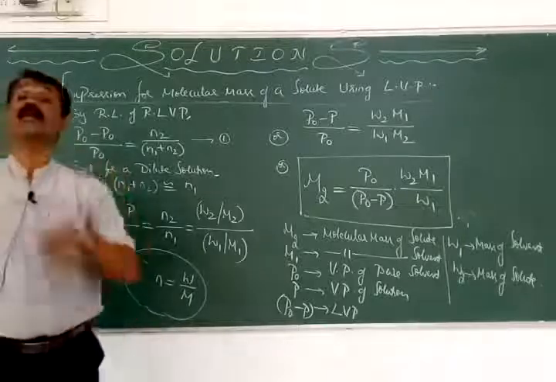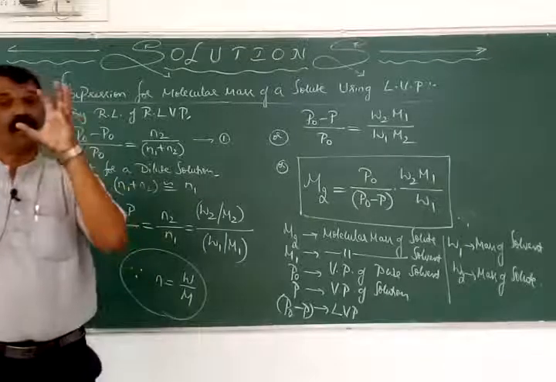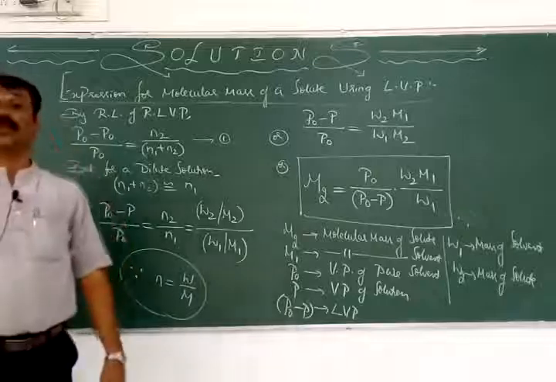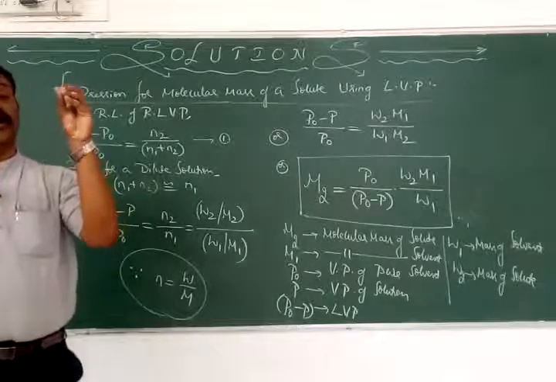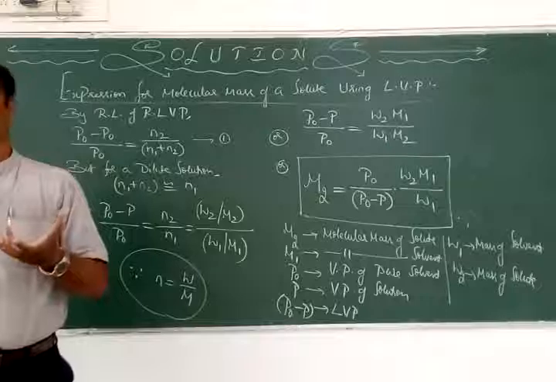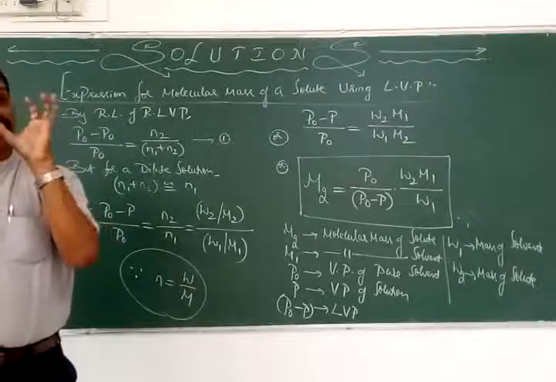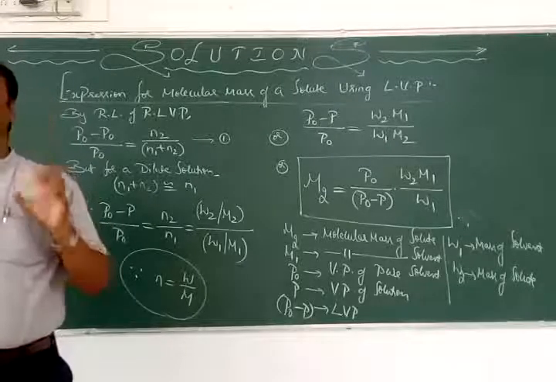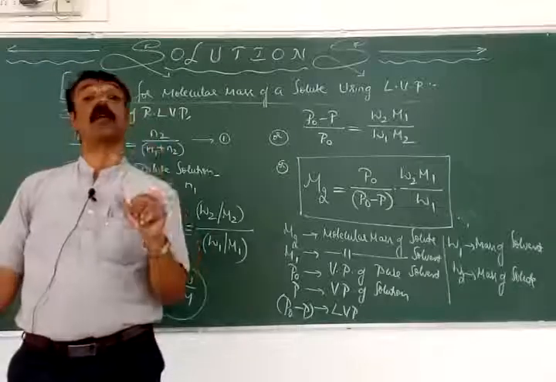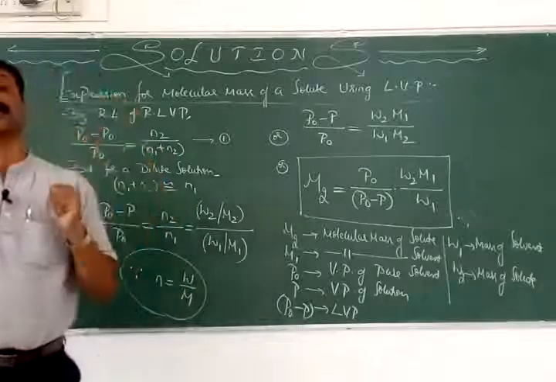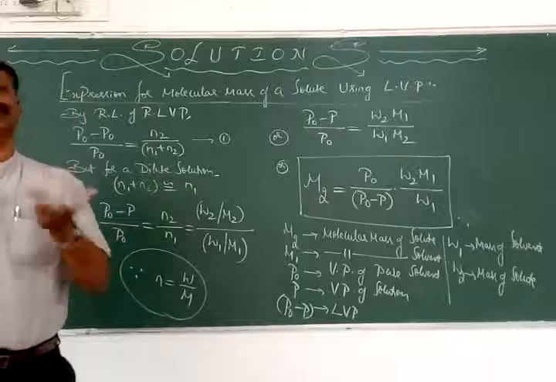Then what is lowering of vapor pressure? When a small amount of a non-volatile solute is added to the pure solvent, those solute molecules will block the movement of the vaporization of some of the liquid solvent molecules such that the vapor pressure gets decreased, and that is called as lowering of vapor pressure.